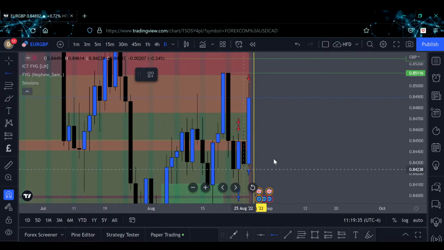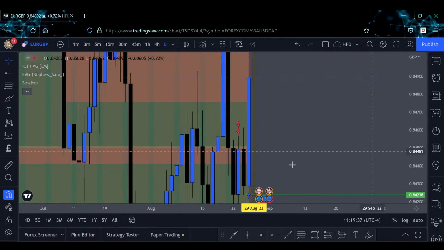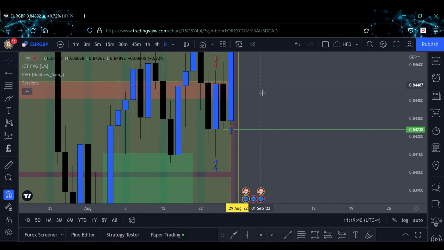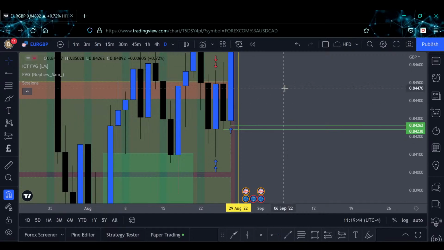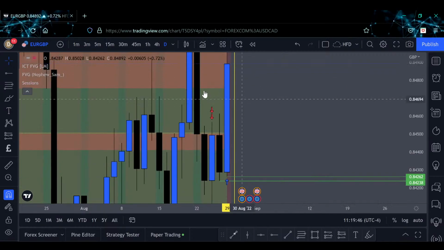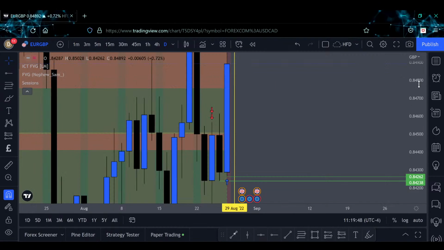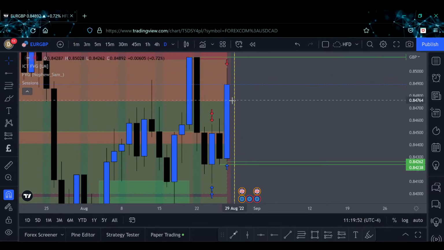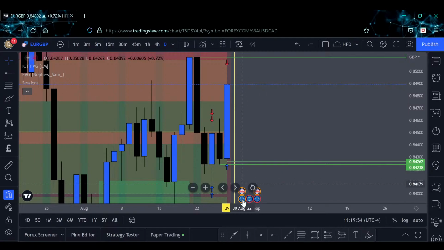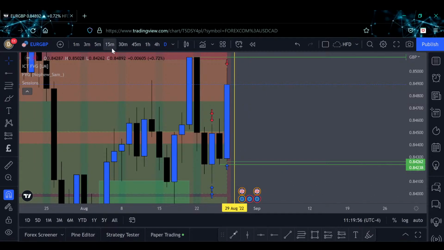Lows. I don't expect lows to get touched just now. There might be some sort of pullback into fair value before continuing, unless the bullish strongness just continues.